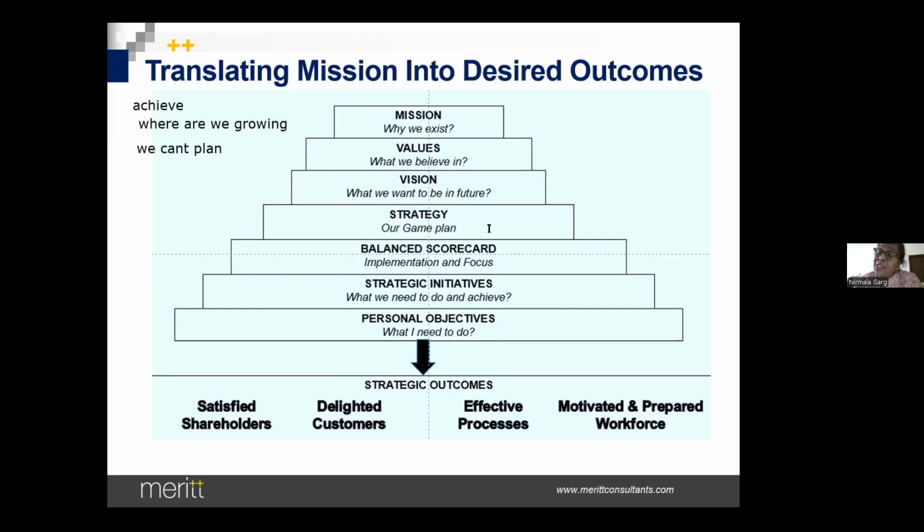Even when you're just doing KRA setting, they get cascaded down. But when you use a balanced scorecard, your strategy gets cascaded down, not just by 1 or 2 goals, but in those 4 areas. Are you getting me?